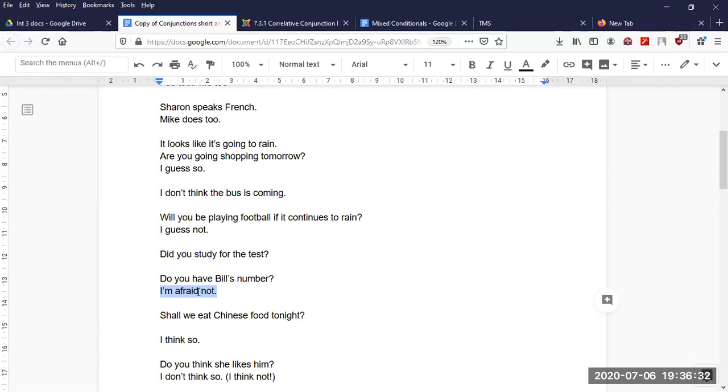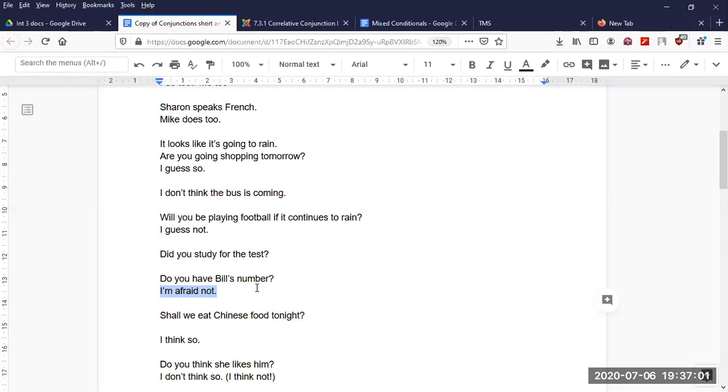It's just quite a formal way of giving a response or a statement which is quite negative, or that you don't think the other person is going to like too much, or you are sorry to say something. It's almost like apologizing in a lot of ways.